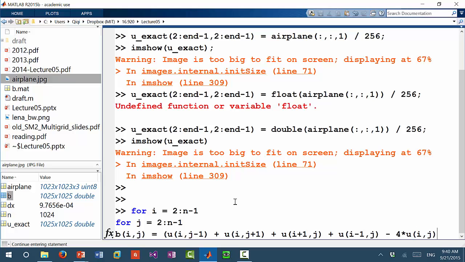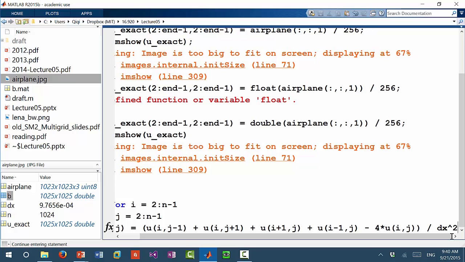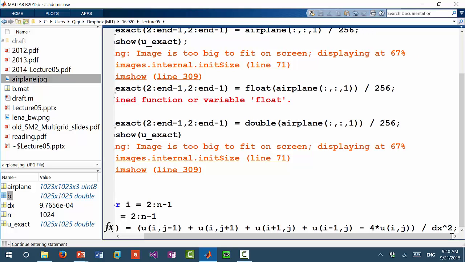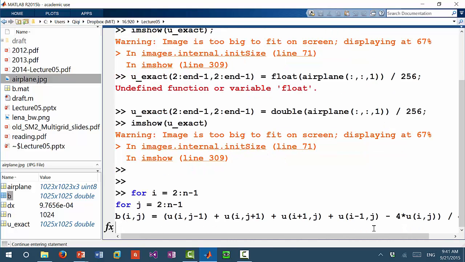That's a discretization of the second order derivative in x plus the second order derivative in y, divided by delta x squared. Do we all recognize that finite difference formula by now? Okay, sorry for that. All right.